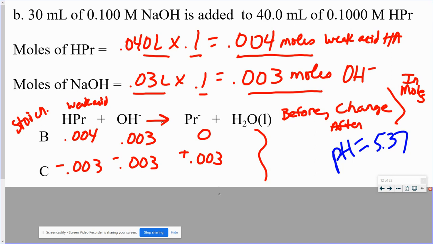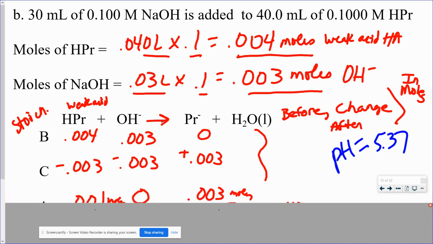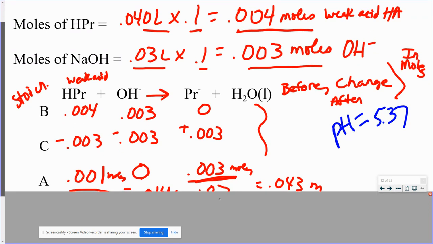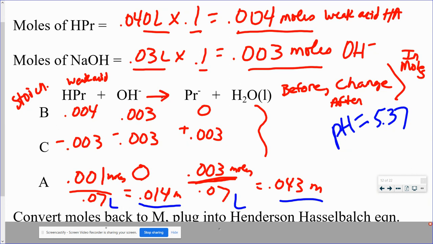And then water doesn't have a concentration just like in the ICE. So then that leaves us 0.001 moles of our weak acid left over. All the OH gets used up, that's 0. And we have now formed 0.003 moles of conjugate base. Putting those back into concentration is important.